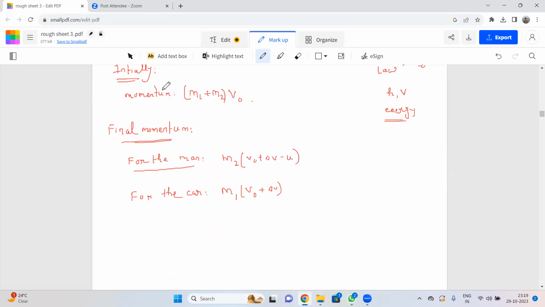Now if we equate the initial and final momentum, from there you can find out the value of delta v. So that means (m1 plus m2) v naught is going to be equal to the final momentum, which is the summation of these two.